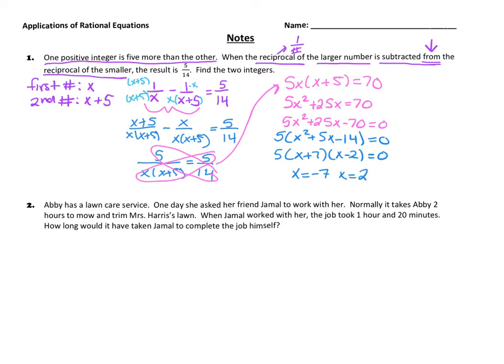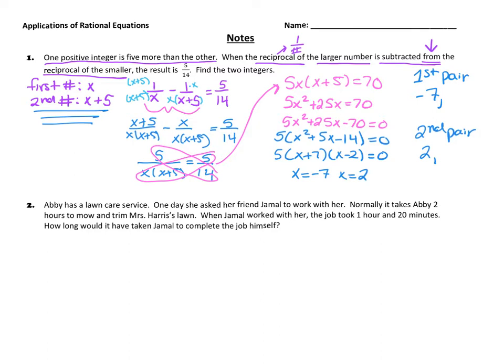Now remember, when we did these quadratic equations, we're always looking for pairs of numbers. So my first pair is negative 7 comma something, and my second pair is 2 comma something. Now I have to go back and use my formulas way over here on the left side.